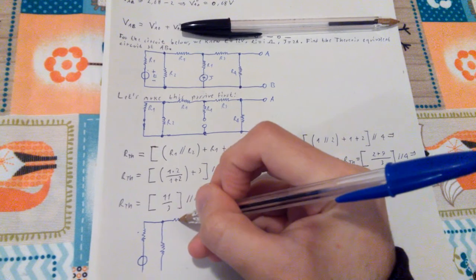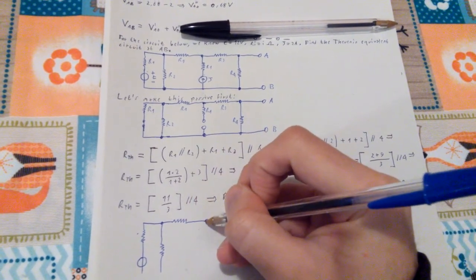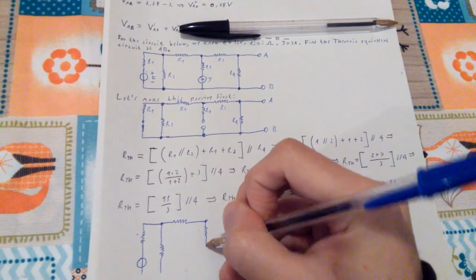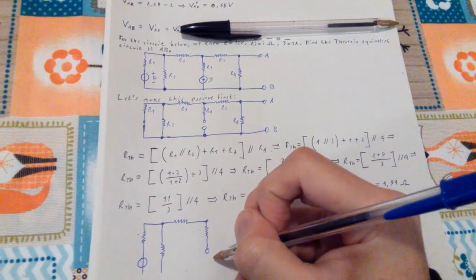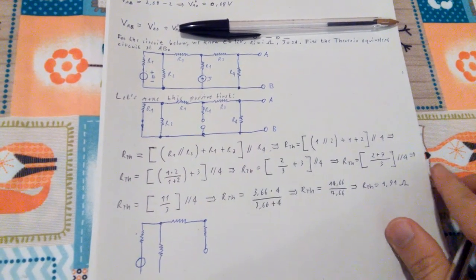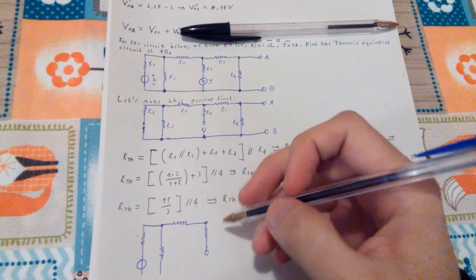Here I'm still going to have this, but here I'm going to have an open circuit because there is no J anymore.